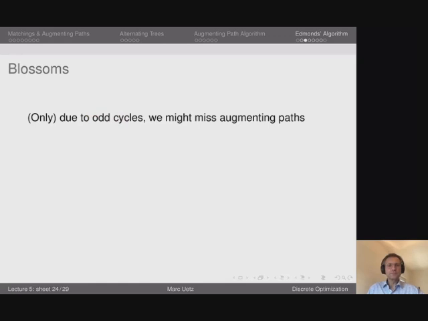Because these odd length cycles exist, we might miss the augmenting paths. And the brilliant idea that Edmonds had is, come on, blossoms are making trouble, so I just shrink them. I just eliminate them from the graph.